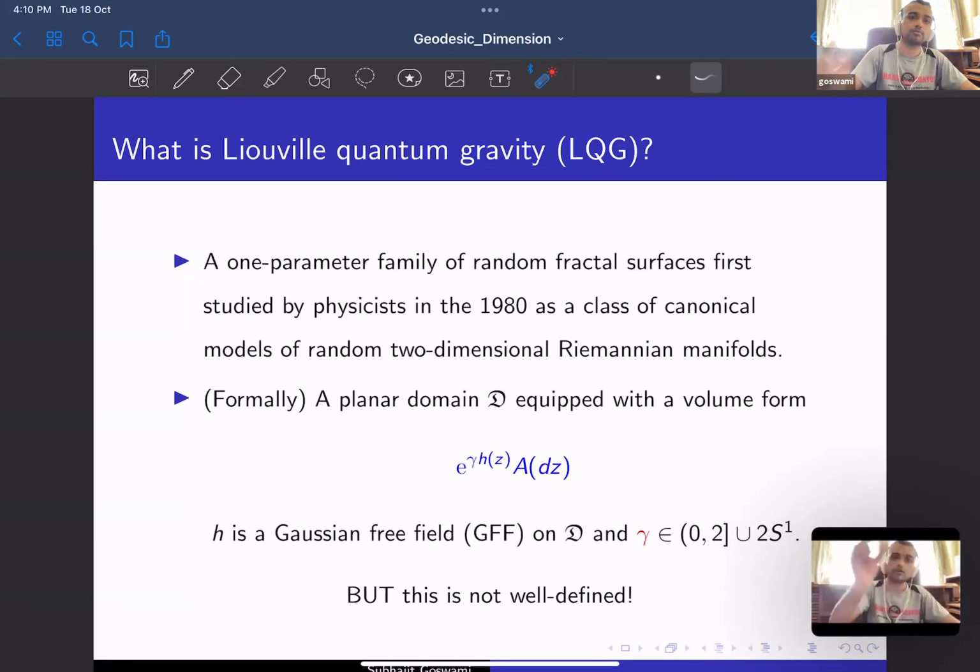You mollify it with respect to bump functions with shrinking support, to get a well-defined function.